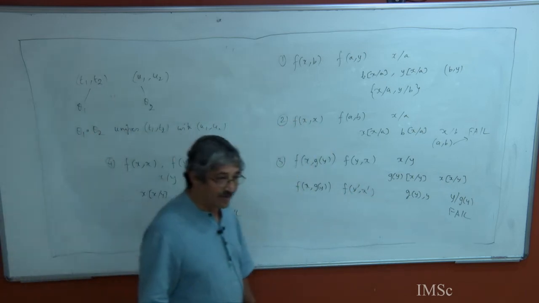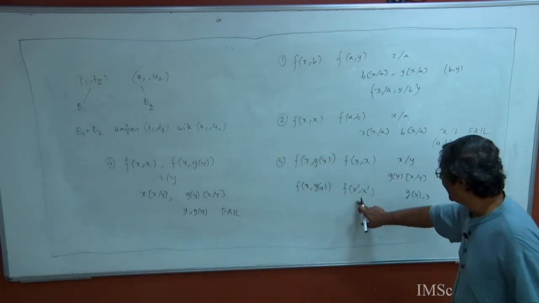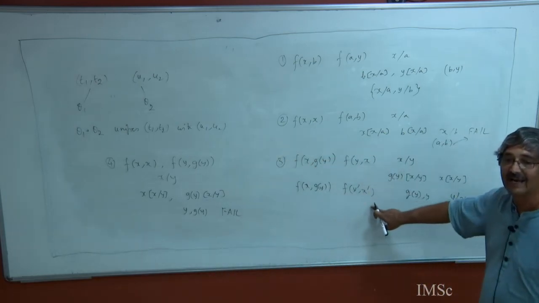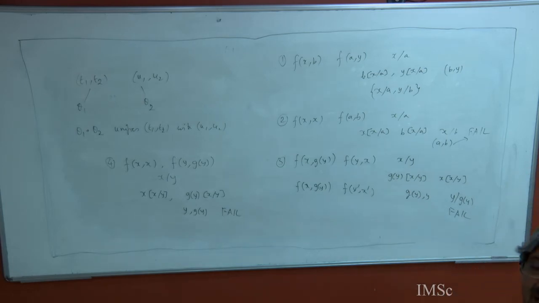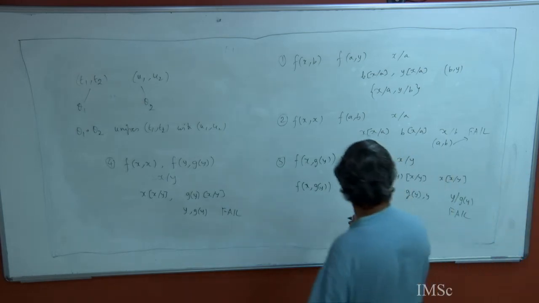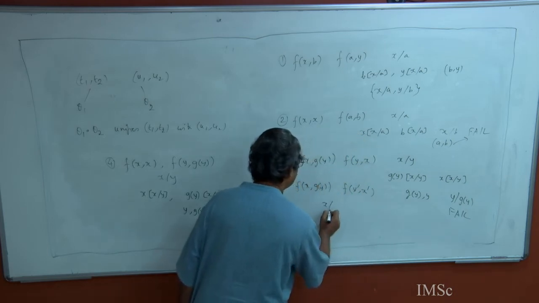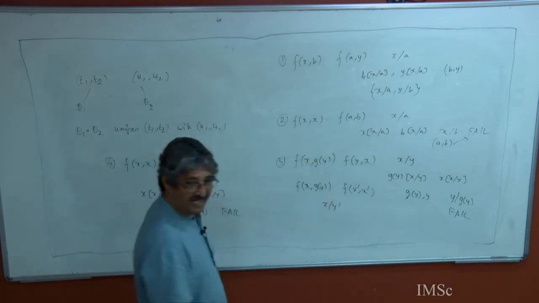Now all I have done is taken the variable, and this renaming of variables will actually help, because what will happen is this will give me the unification of x with y prime.